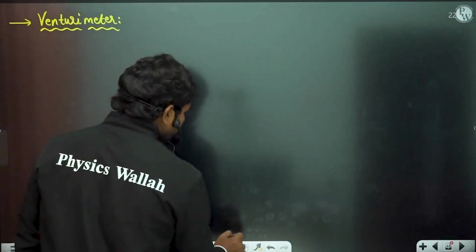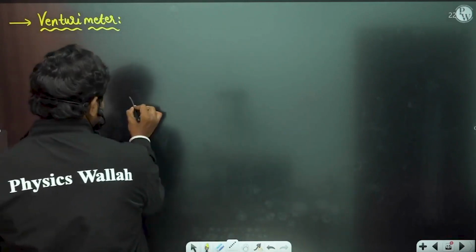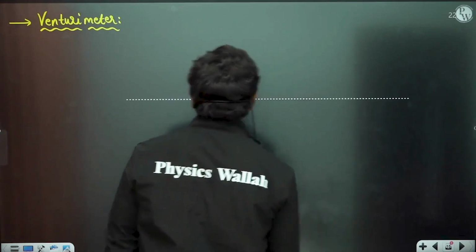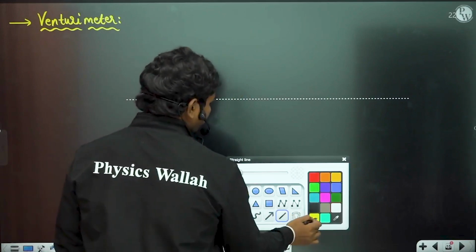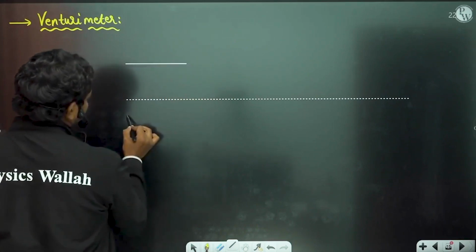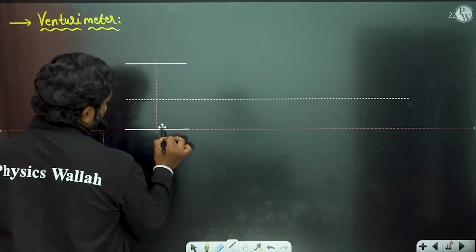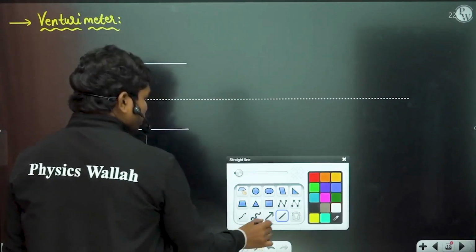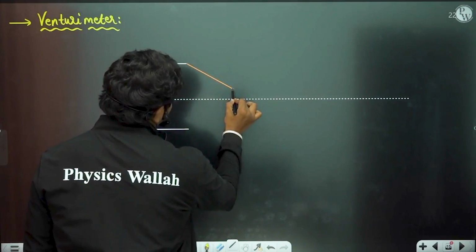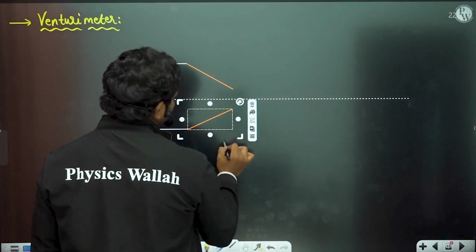If you try to draw a Venturi meter normally, let us suppose this is the axis of the flow. The Venturi meter consists of, let us suppose, the pipes as usual. So you have some pipe. Now we have a converging section like this.